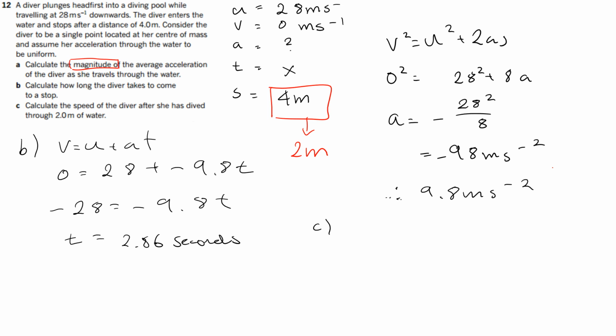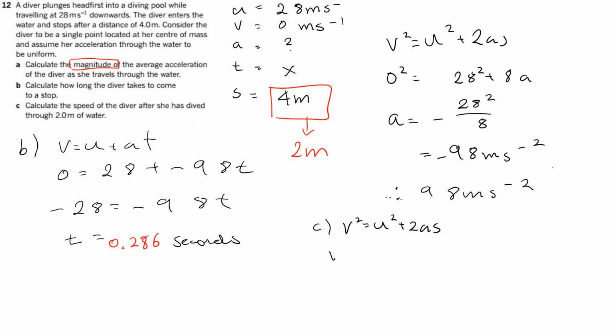Alright, sorry, I made a mistake here. It's 98. So this should be 98, and time should be 0.286. Okay, now we can do this question. So we're going to use the equation V squared equals U squared plus 2AS.